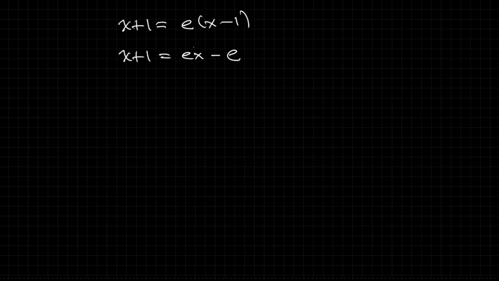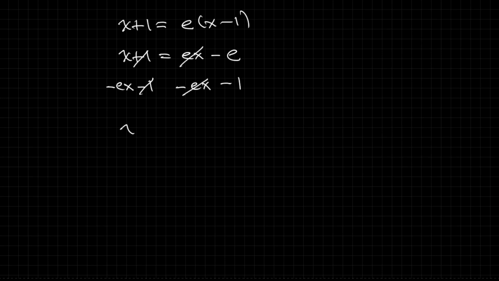And the way that we approach linear problems when x is on both sides is we get all the x's on one side, all the non-x's on the other. So I'll subtract ex from both sides and subtract 1 from both sides. That will eliminate my plus 1 on the left-hand side, and the ex on the right-hand side.